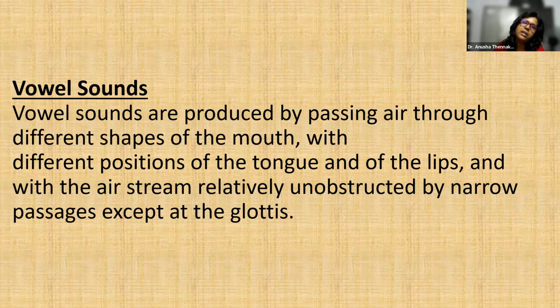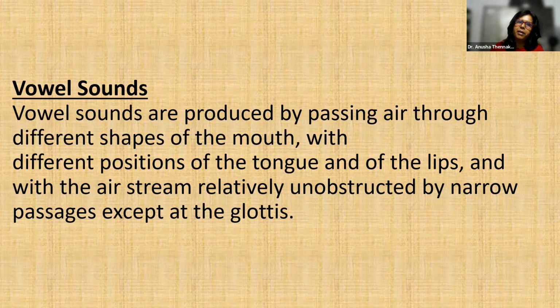Vowel sounds are produced by passing air through different shapes of the mouth with different positions of the tongue and of the lips, and with the air stream relatively unobstructed by narrow passage except at the glottis. So you have to have a clear idea about how vowel sounds are produced, how consonant sounds are produced.